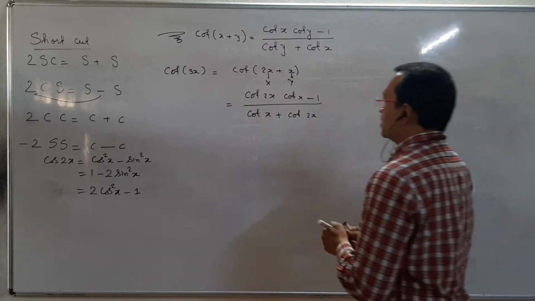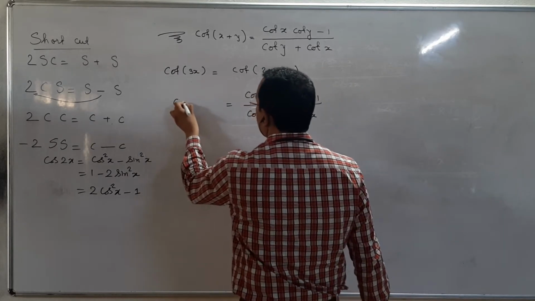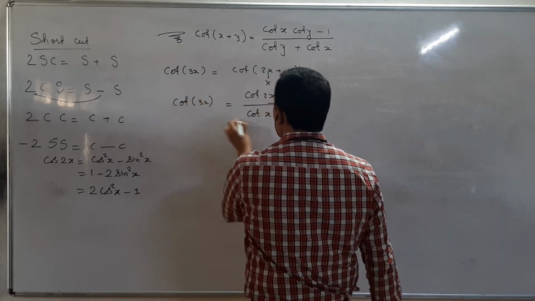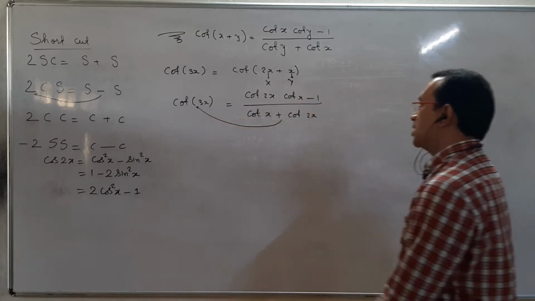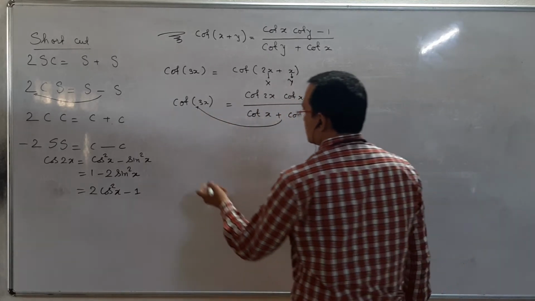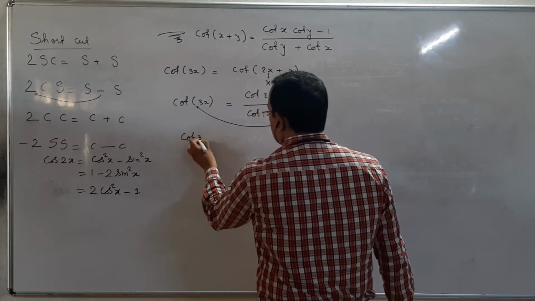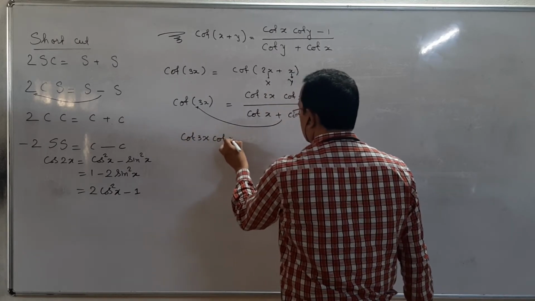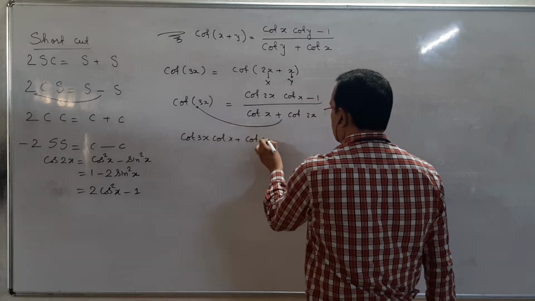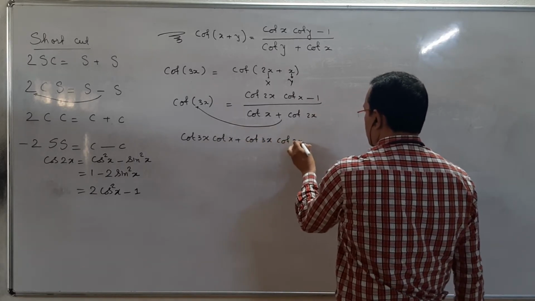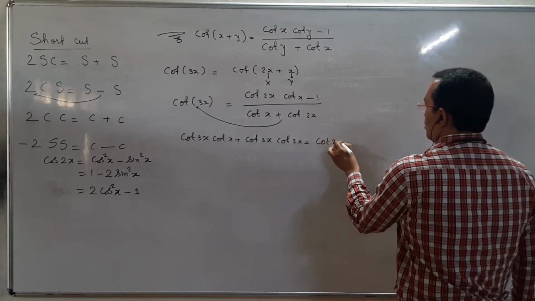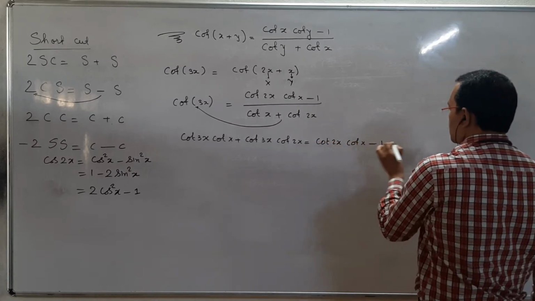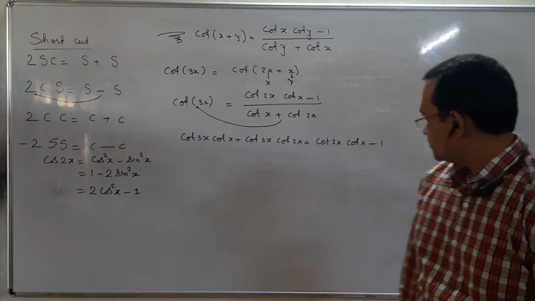Now students, what we are doing is cross multiplying this. So this gives us cot 3x cot x plus cot 3x cot twice x equal to cot 2x cot x minus 1.